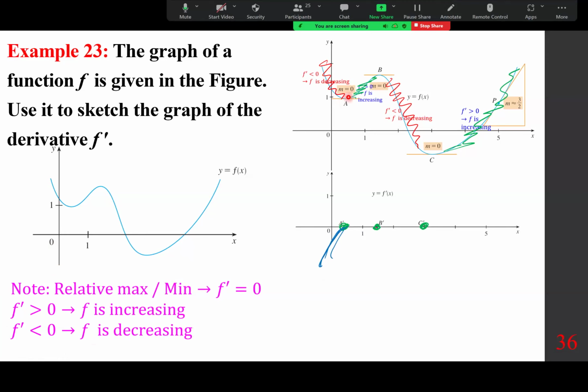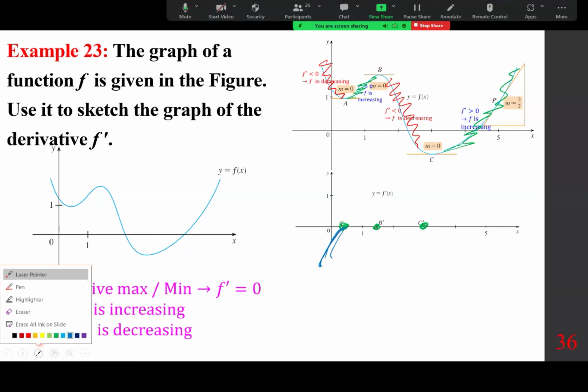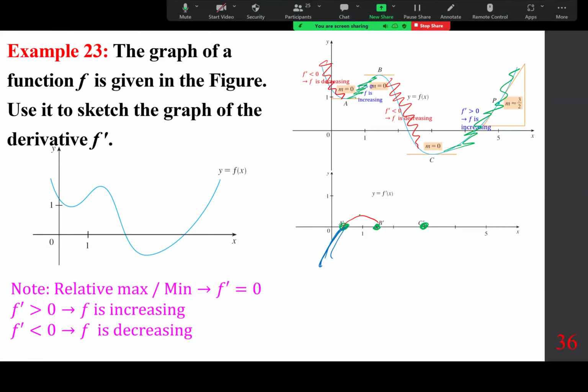From here to here, it's increasing. So from here to here is above the x-axis, increasing above the x-axis, but at a is 0, at b, or a prime and b prime becomes 0. So it goes up and it comes back down. Maybe I should go with the green one. So it goes up and it has to come back down. And again, this part is below.